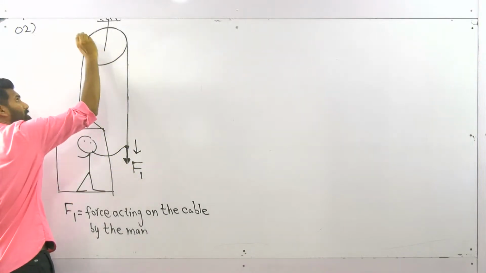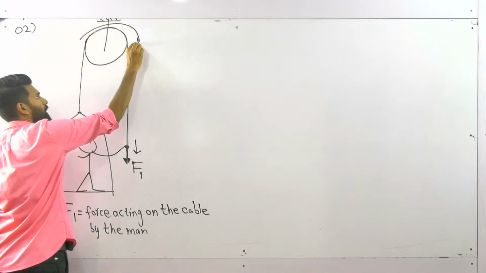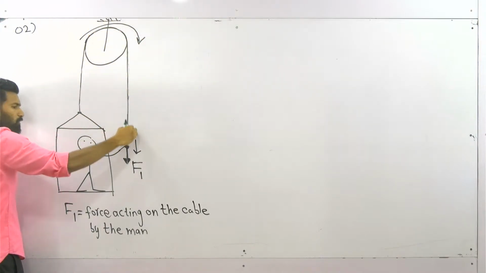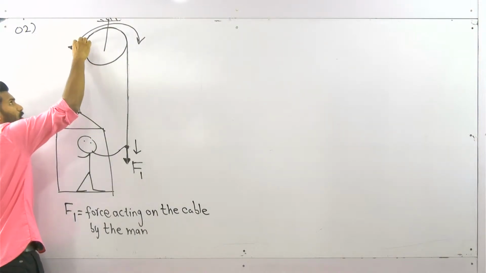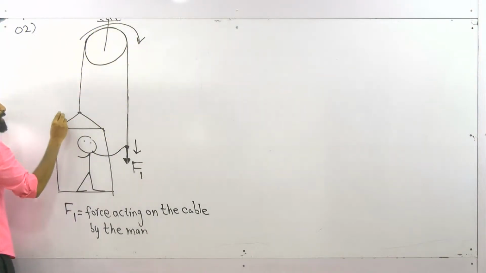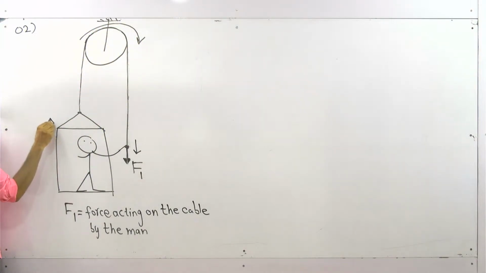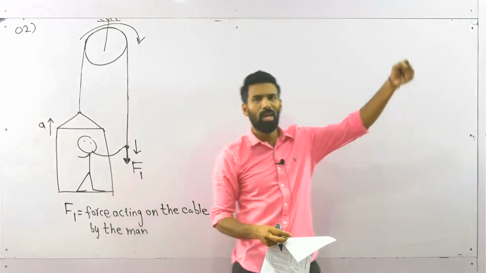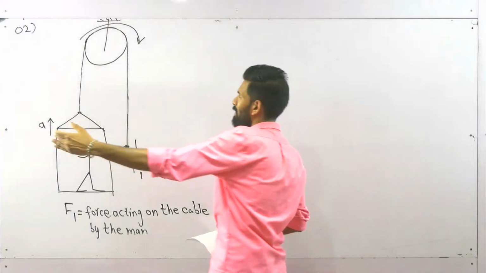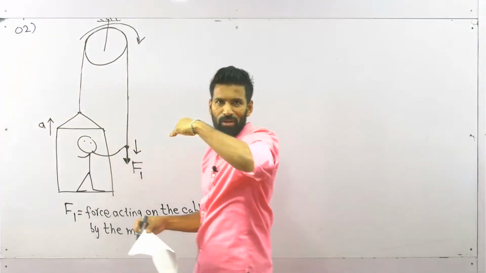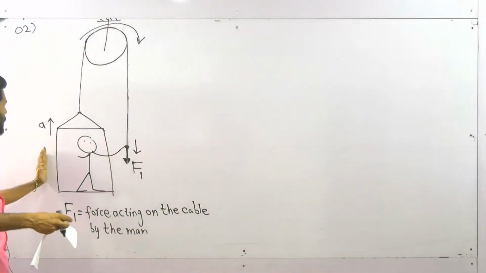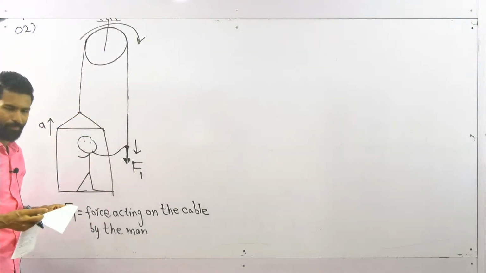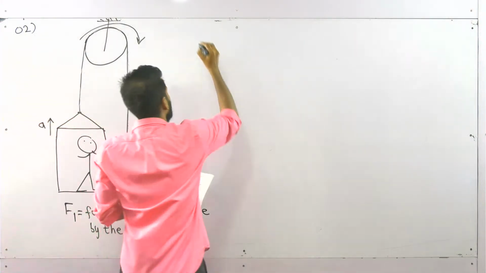So it will pass the pulley in a clockwise direction, and it will make the lift move upward with the acceleration A. So that's what is happening here.